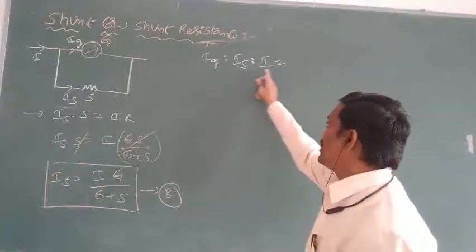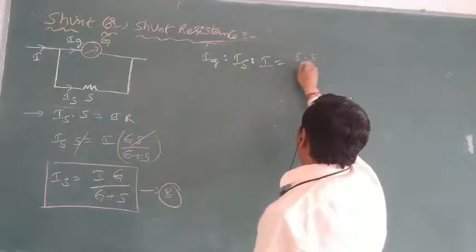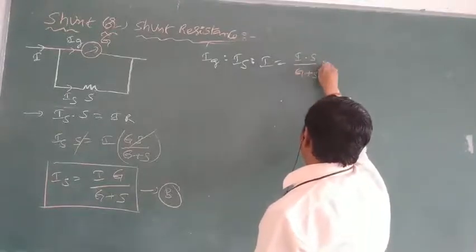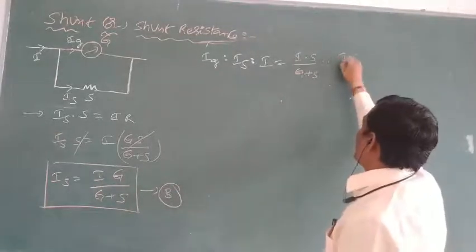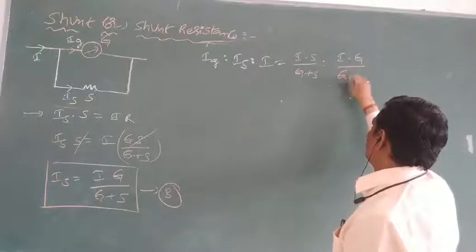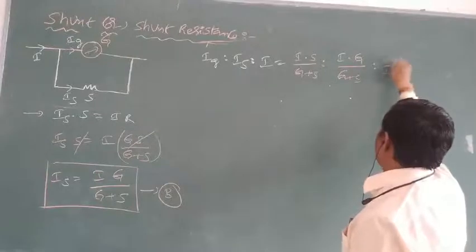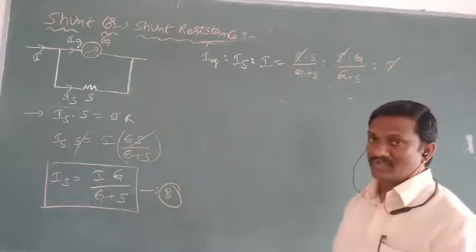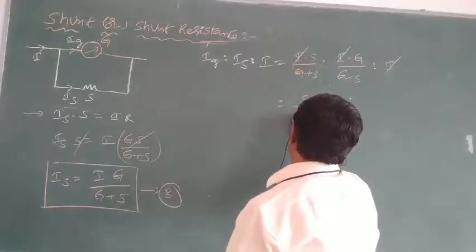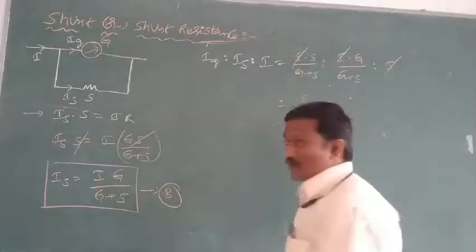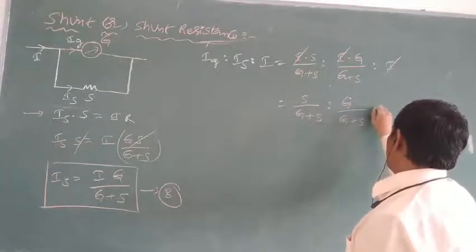Galvanometer current means Ig is I into S by G plus S. Shunt current, as just derived, is I into G by G plus S. And I means total current. In all the terms, the total current I is cancelled. So here S by G plus S is to G by G plus S is to 1.